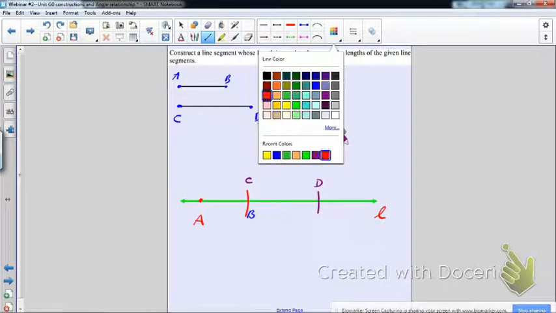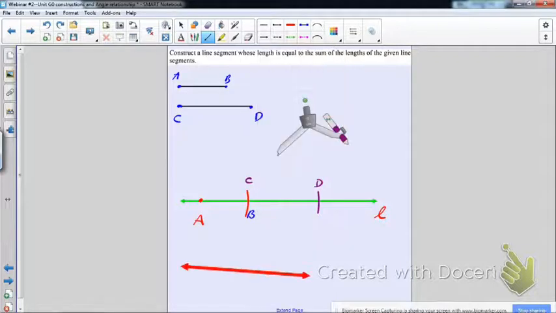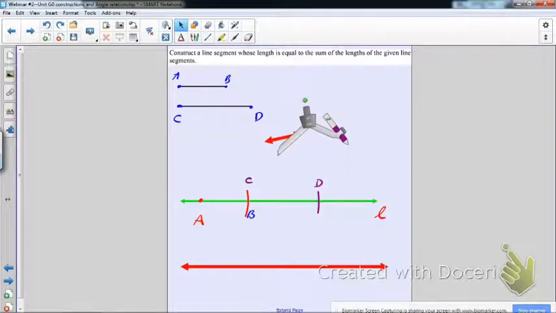I'll change the color of the line this time. There it is. Oh no. I'm going to take my compass and try to extend it all the way, but as you can see, no matter what I do, it's not going to reach there, and I don't think I can make this any bigger than it already is.